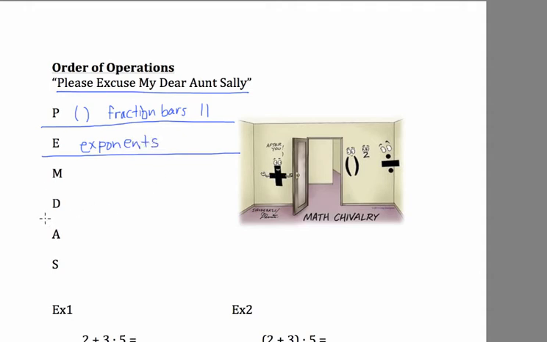Next comes the MD. That's actually together on one level. Multiply and divide. That comes next. Just because the M is before the D actually doesn't mean that it goes multiplication then division. They're actually on the same level. So what if there's multiplication and division both in a problem? Then you work left to right.